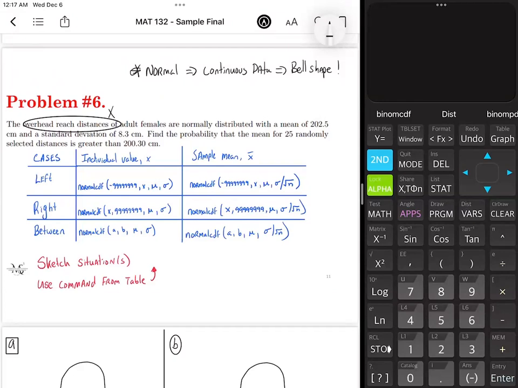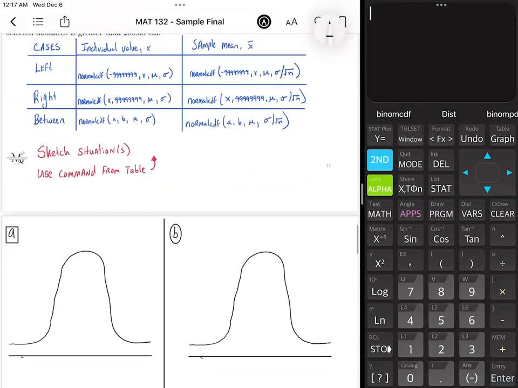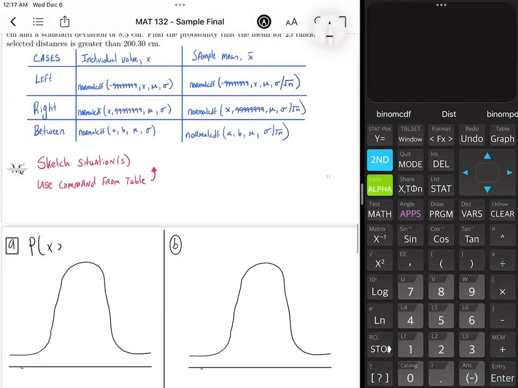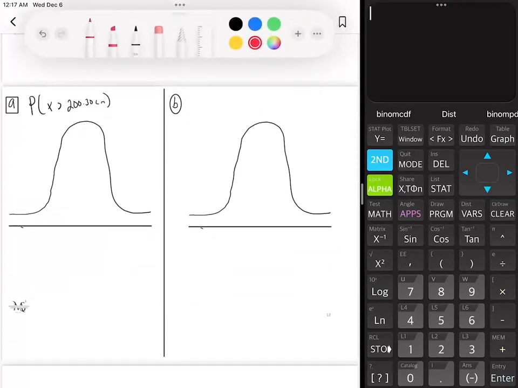Okay, so let's just assume that there was a part A and a part B. For part A, we're looking at finding basically the probability of getting x greater than, what was the value? 200.30. So if I want to draw this picture, first thing I note is my label of my axis.